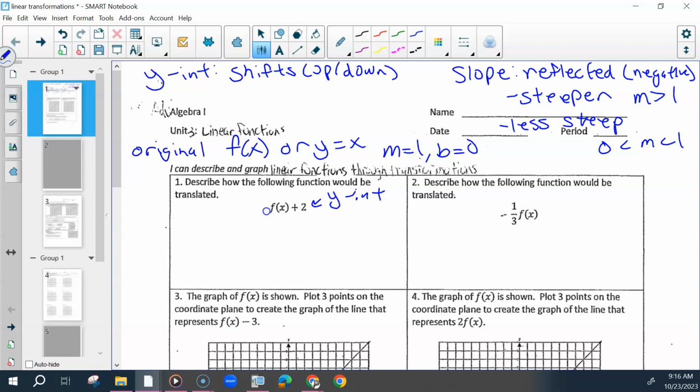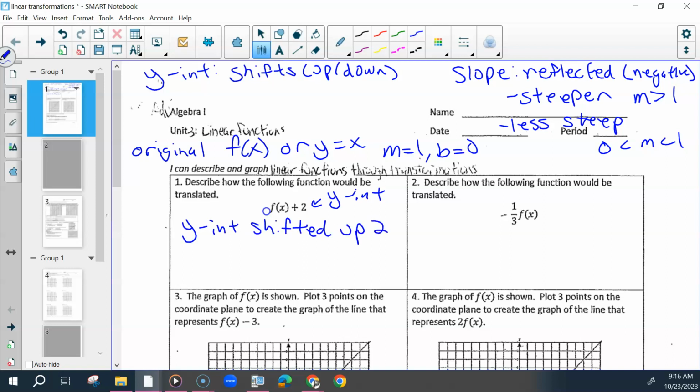If your y-intercept was 0, but now it's been added to, what is it at now? Added by 2, it is now 2. So we can say that it shifted up 2. So the y-intercept shifted up 2.